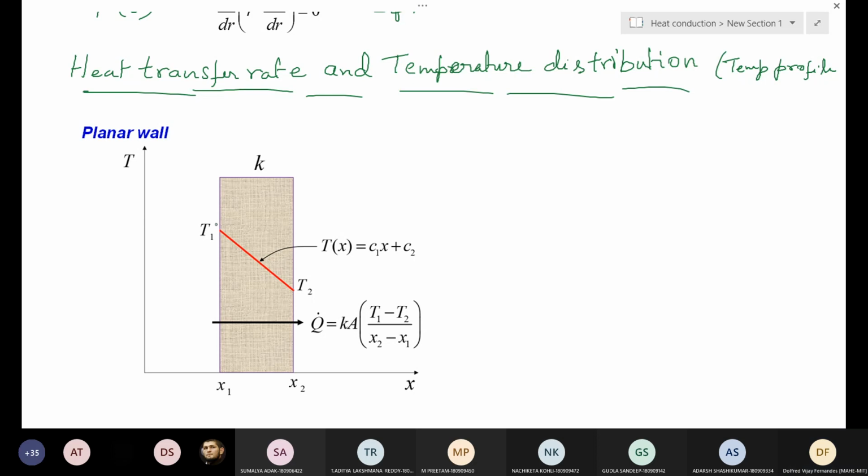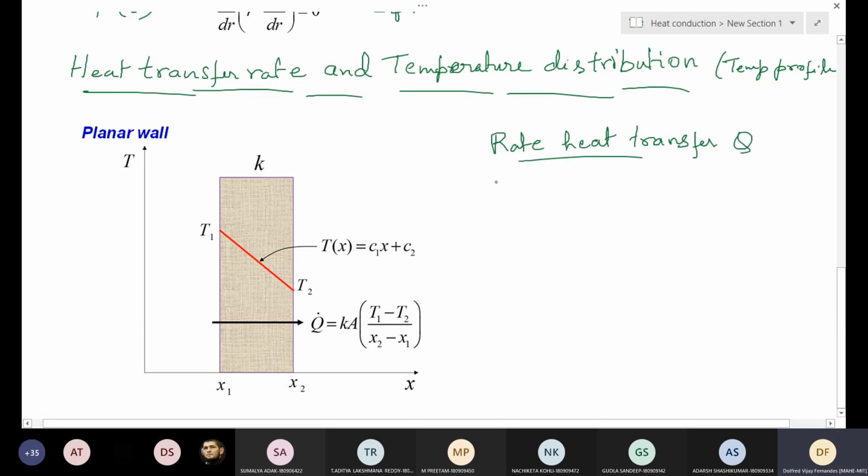To obtain the rate of heat transfer, we use the Fourier law, and this is a repetition again. So you already know, the rate of heat transfer Q, how do you calculate? Using Fourier law.